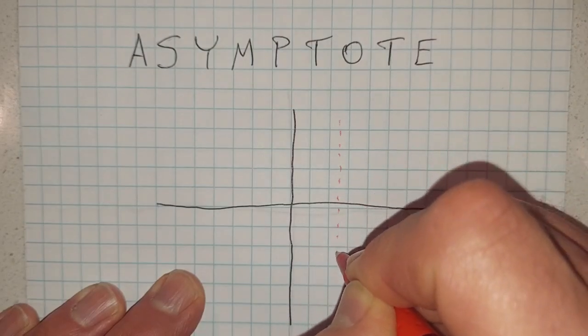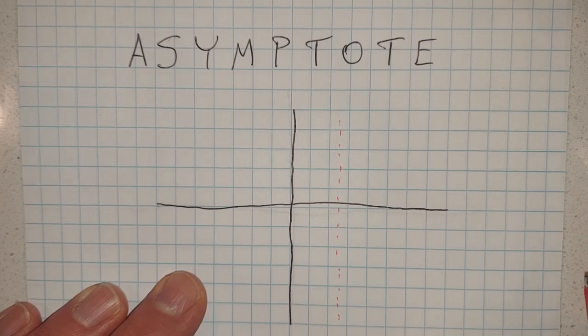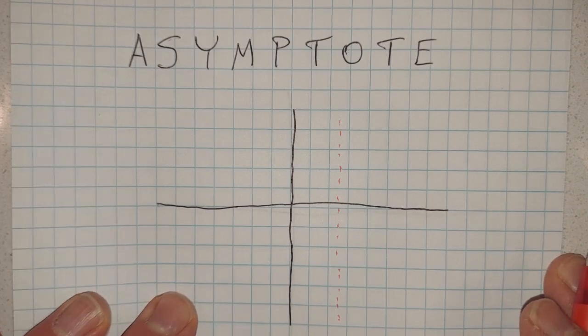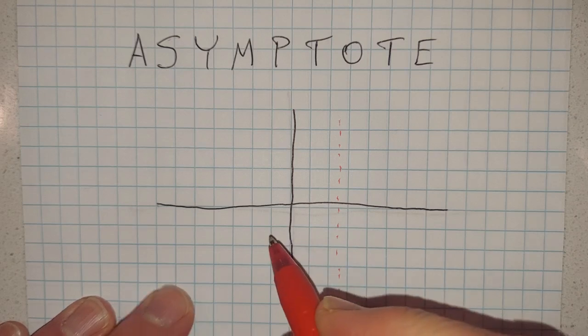Realize, I draw it this way, but it's an imaginary line. It represents an x value that's not in the domain of the function, so there's no value of the function along that line.